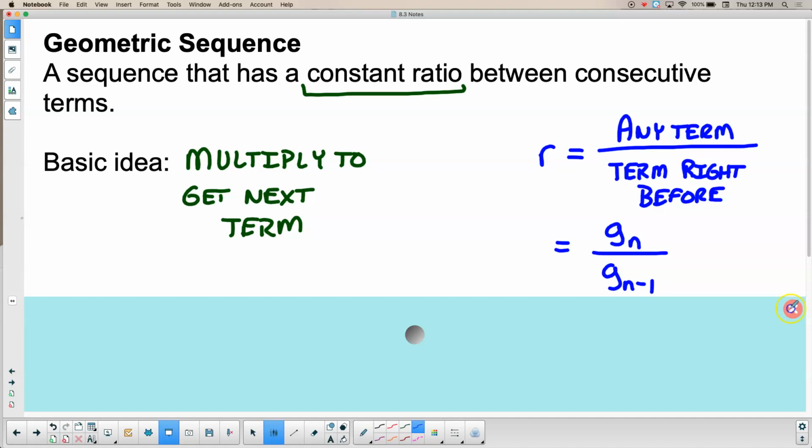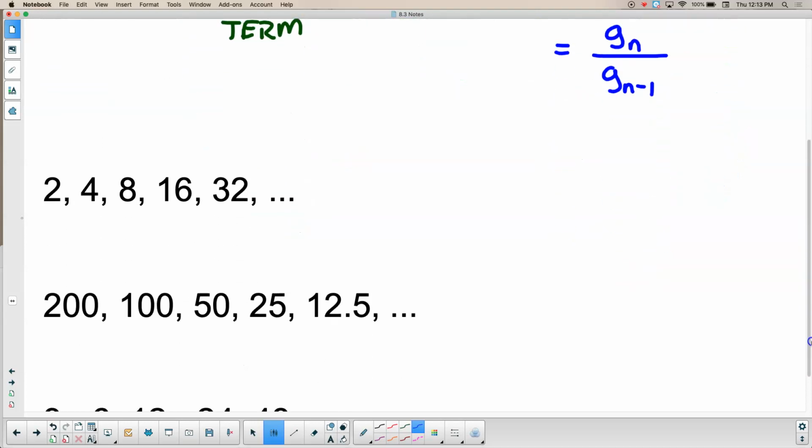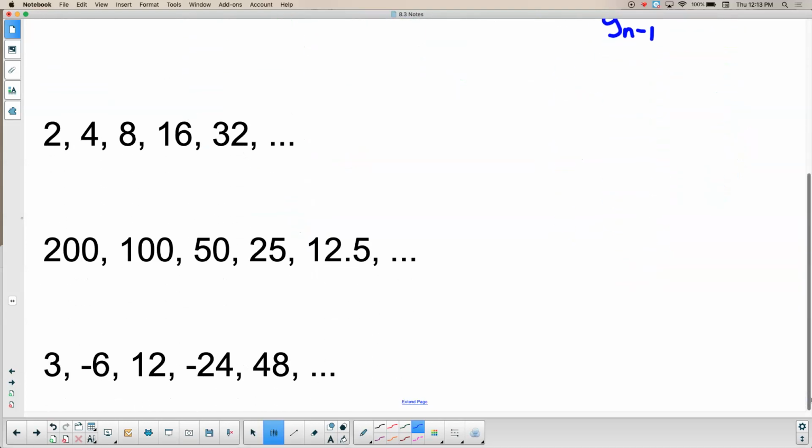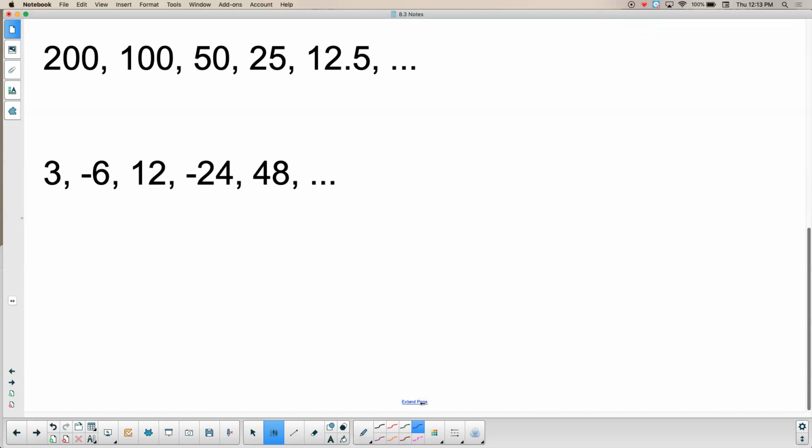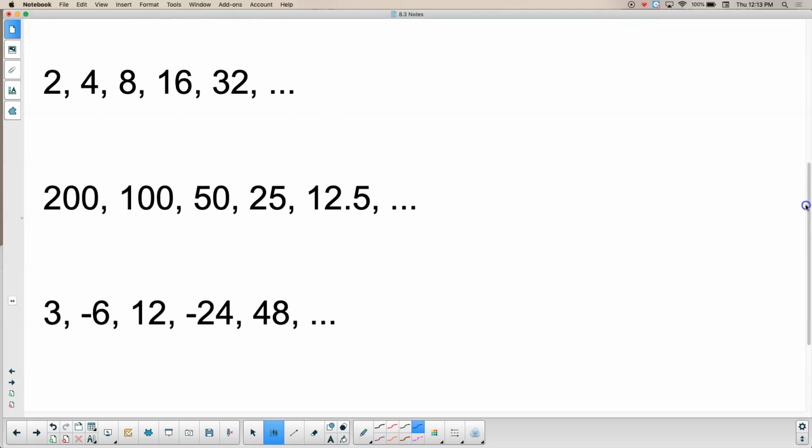So let's take a peek at some sequences and let's decide if they are or if they are not geometric. Okay? Since we have arithmetic things in our toolbox, I would first always check to see if it's arithmetic. So here we added 2, here we added 4.